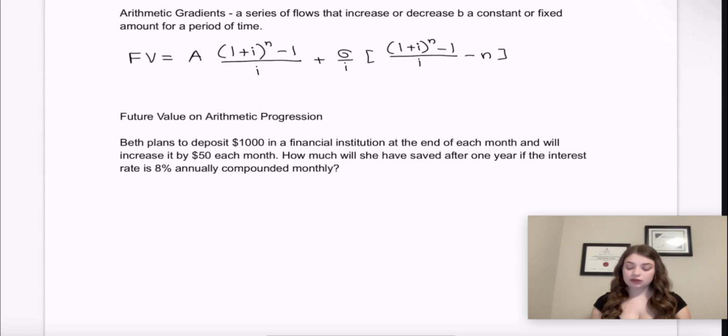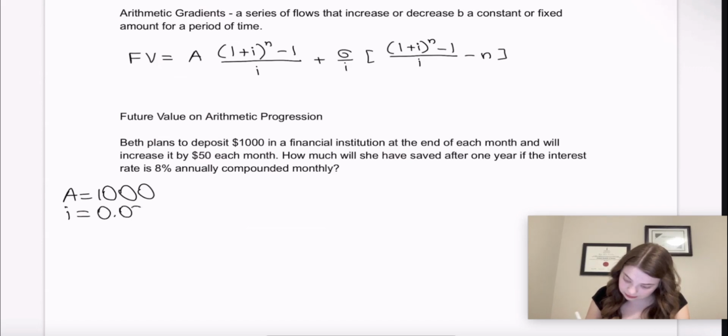Okay, so here's the future value equation up here for gradients. First thing we need to do is put in what we know. In this case, A is equal to $1,000, since that's the starting annuity amount. Now we have I, the interest rate, which is 8% per year.